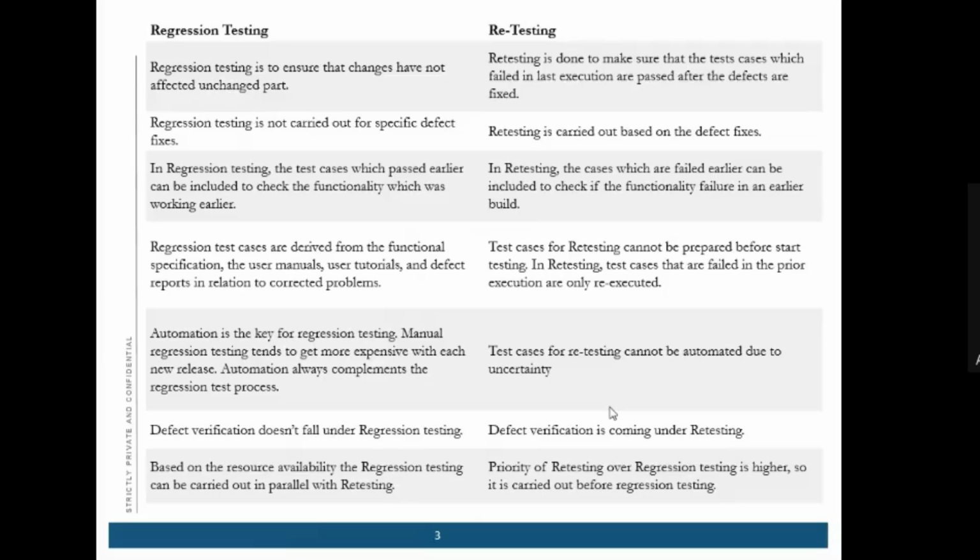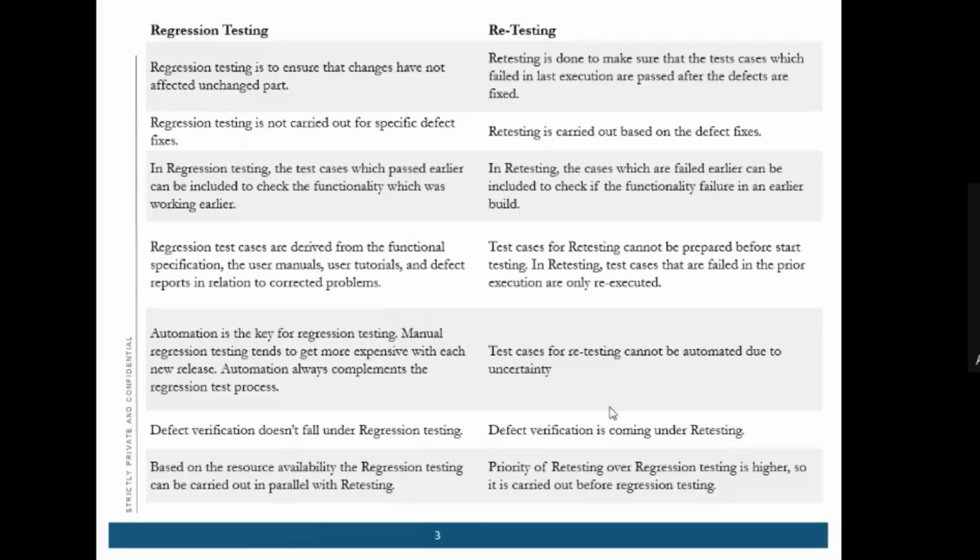Once the build is accepted, we start executing the regression testing. Retesting is just to execute the one test case in which you have logged the defect.